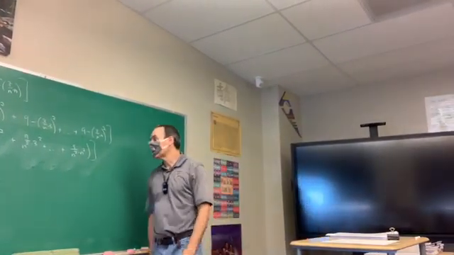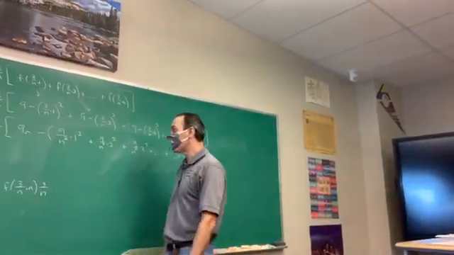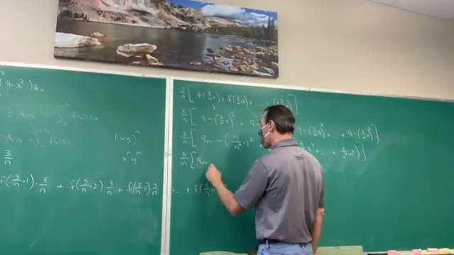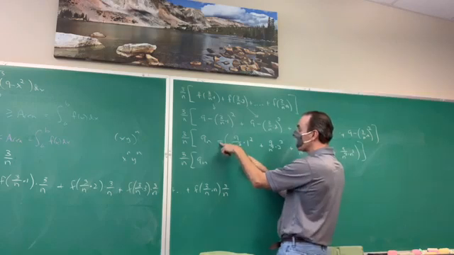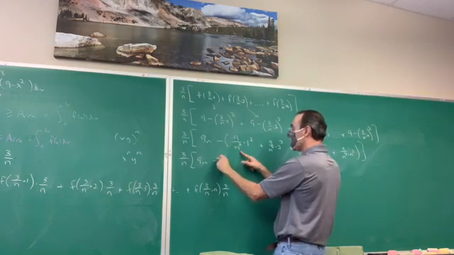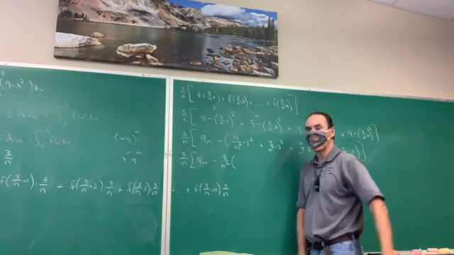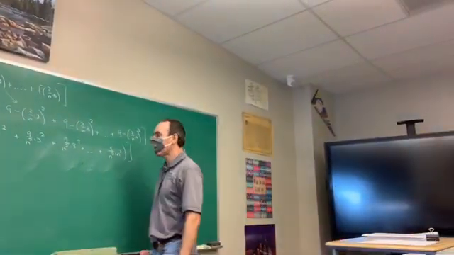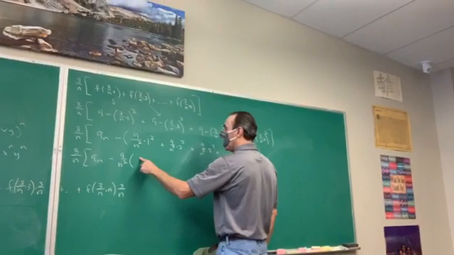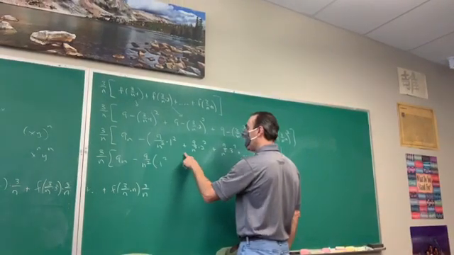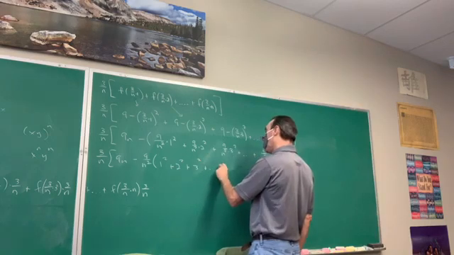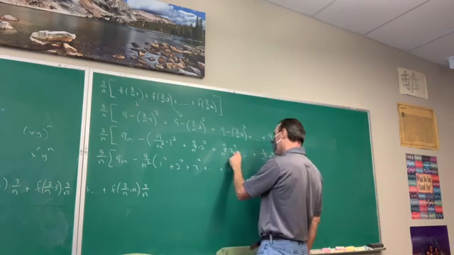Everything in the parentheses has a common factor of 9 over n squared. We're going to pull it out, so it's going to come out and join that negative sign. Minus 9 over n squared. With me? Now what's in the parentheses is 1 squared, good, 3 squared, all the way out to n squared.